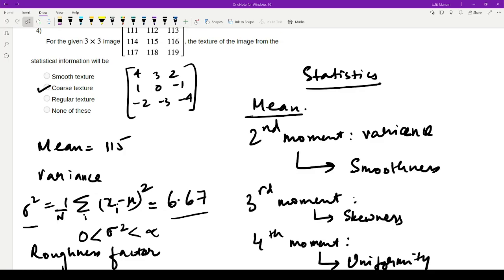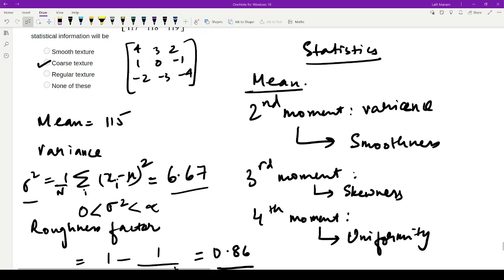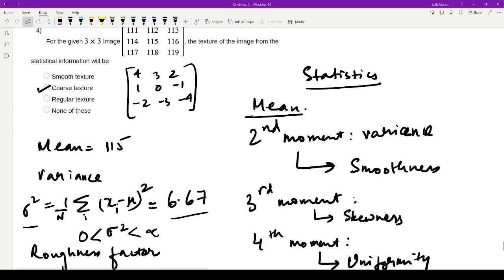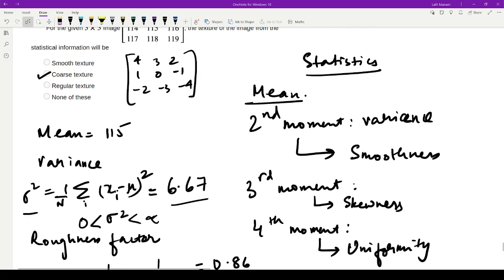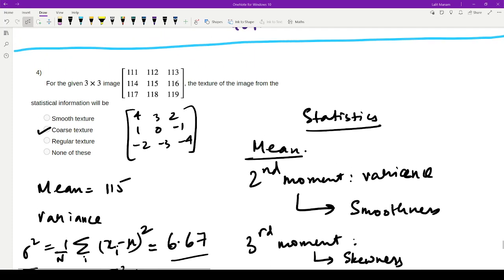If the multiplication of two terms gives you the joint distribution, then they are independent variables. Otherwise, they are not independent variables. So here also, physically, the example I gave might make sense somewhat, but if you have just this much of the image and you check for coarseness or smoothness, it is coarse.